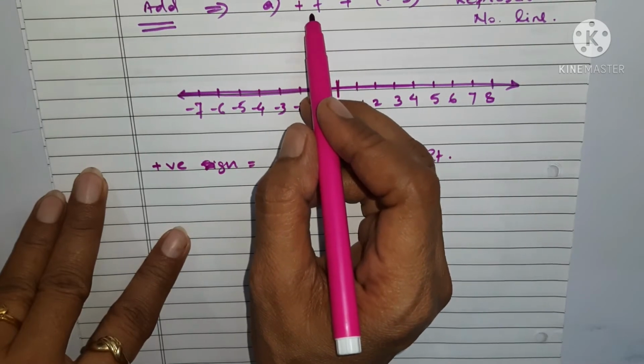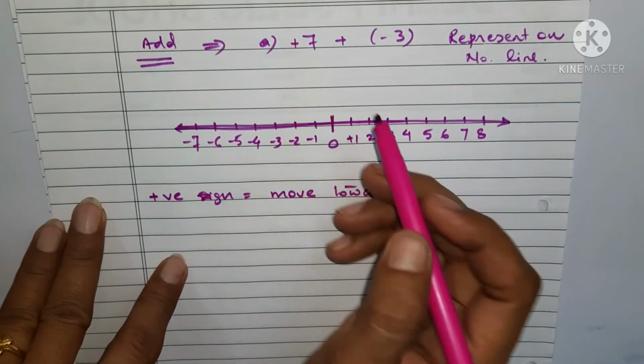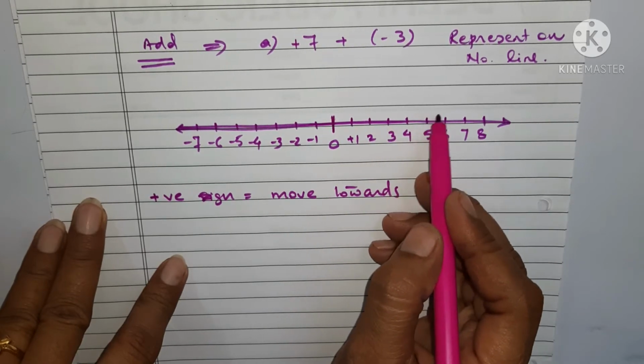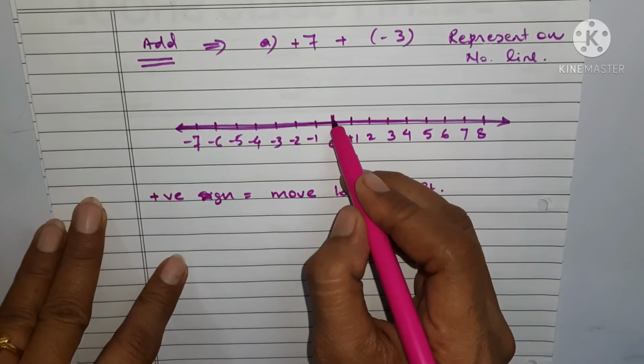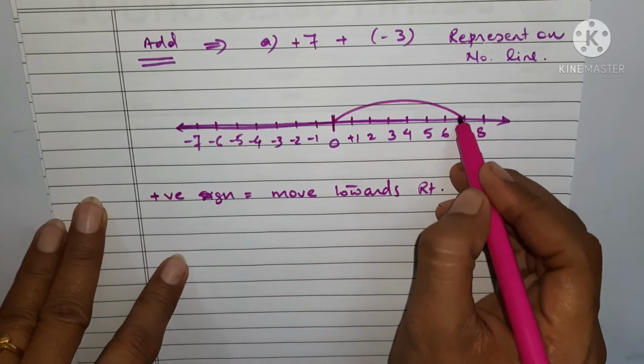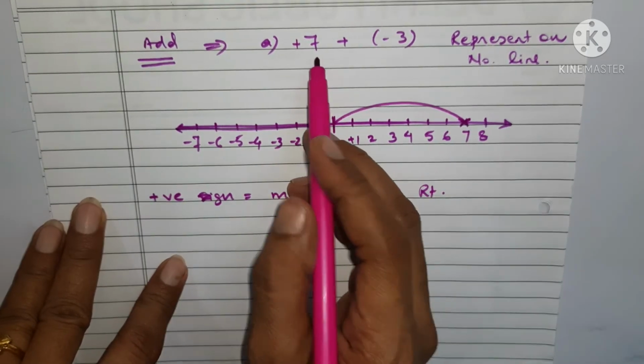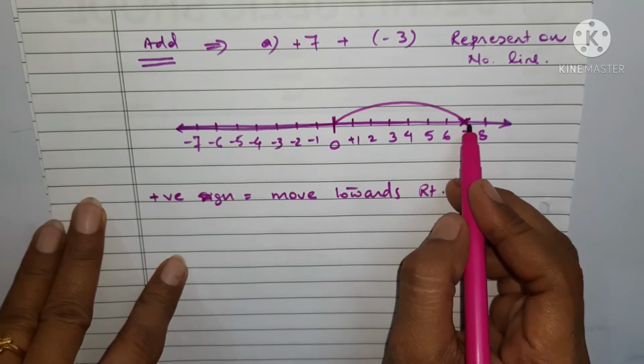How many points? 7 points. So let us move 1, 2, 3, 4, 5, 6, 7. So our first step is to move towards the right side 7 points.